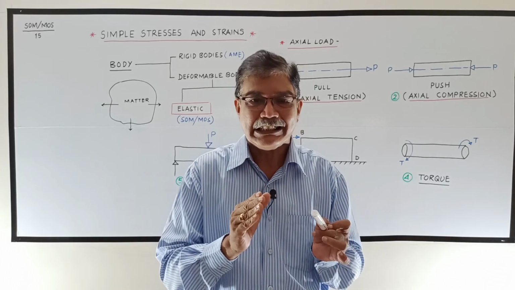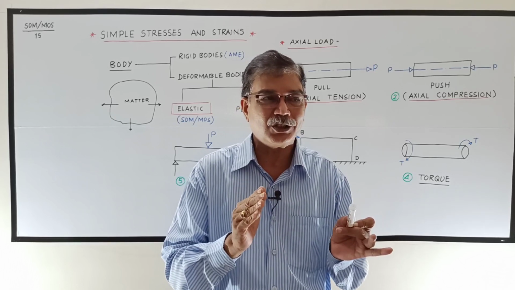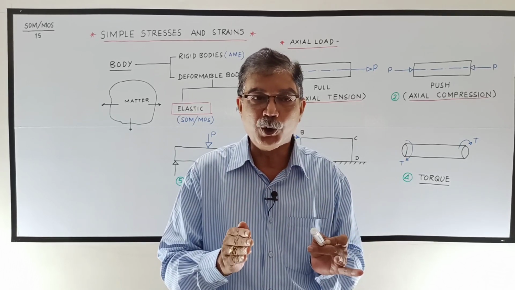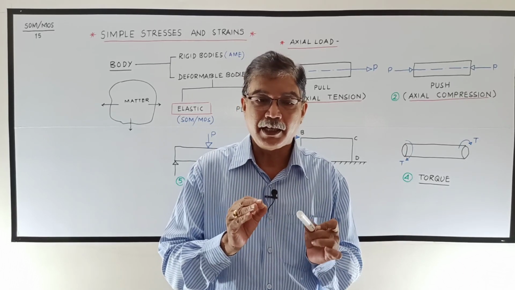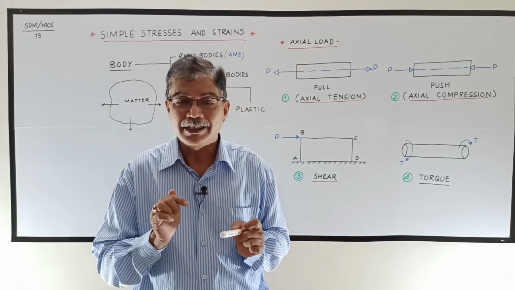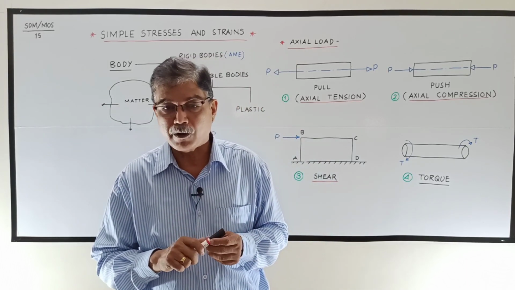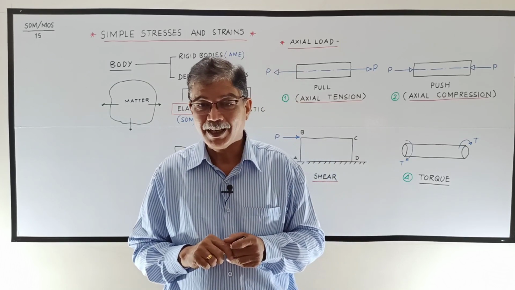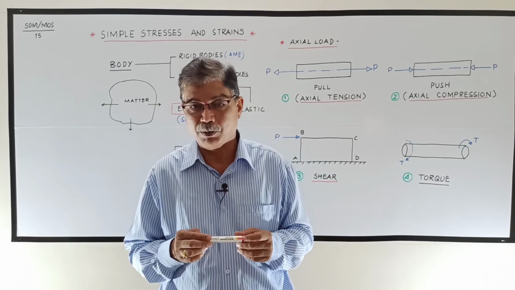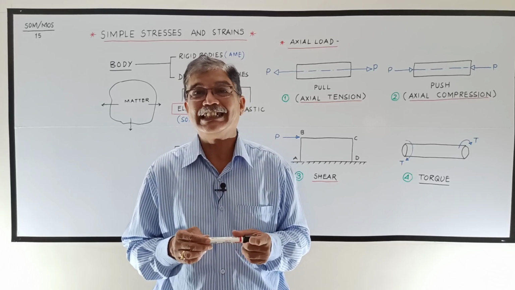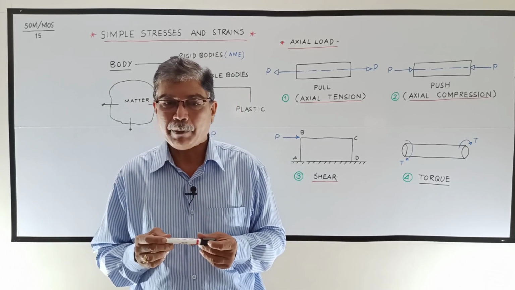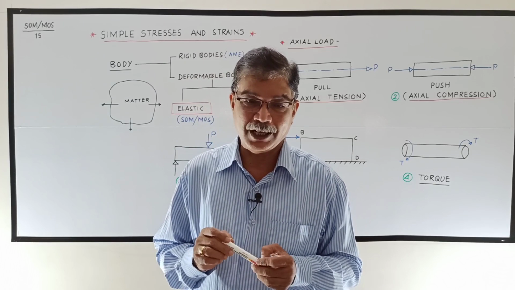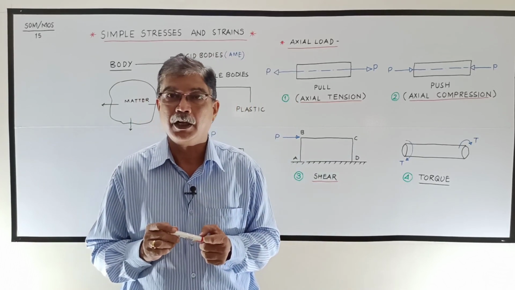The change in dimensions of the body due to applied external load is known as deformation of the body. Whenever we apply the load on the body, there will be changes in its shape and size. That is known as deformation of the body.